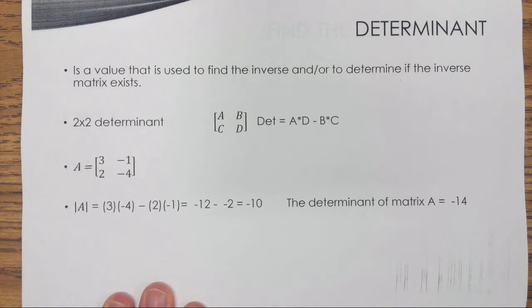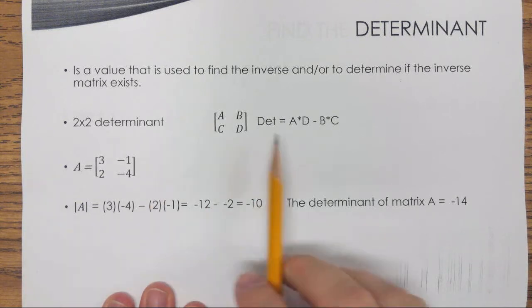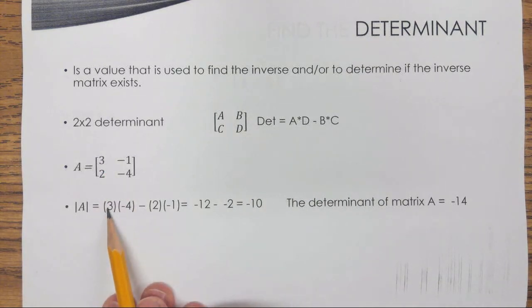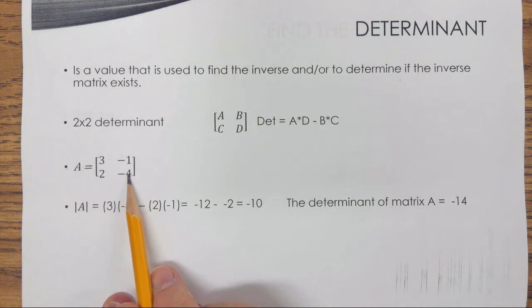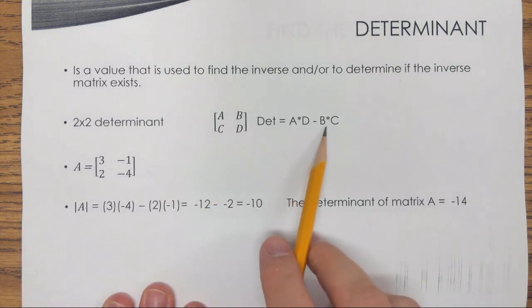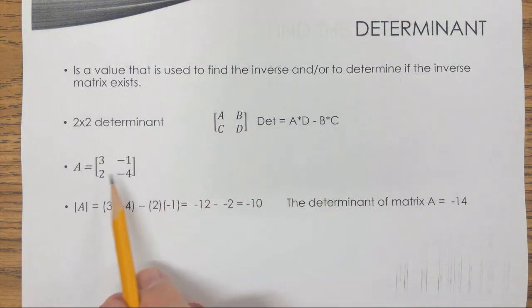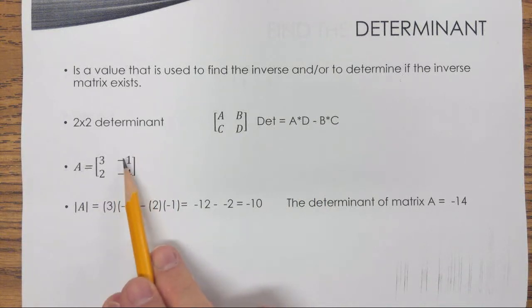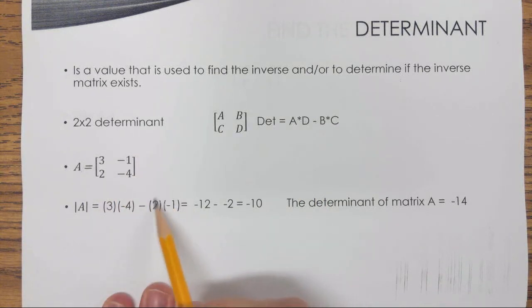In any case, we have to multiply A times D. Here A is 3, so I plug that in for A, and D is negative 4, so I plug that in for D. Then I'm going to subtract B times C. So I take B and C, these got flip-flopped around, but it's the same: 2 times negative 1.